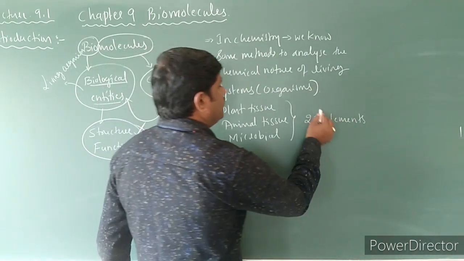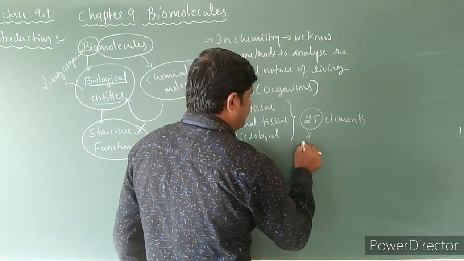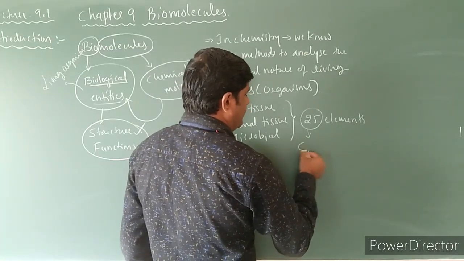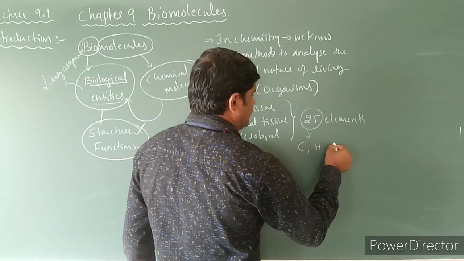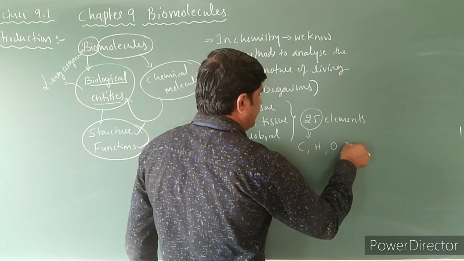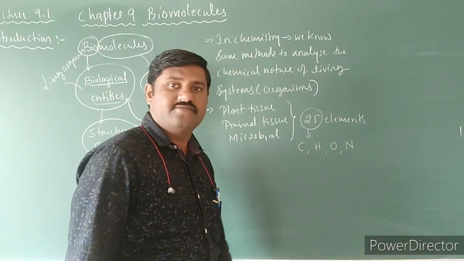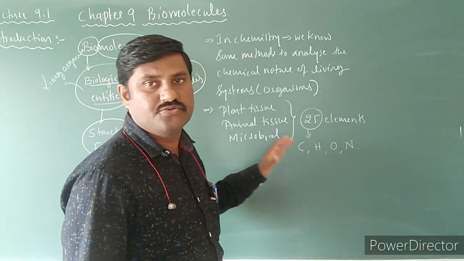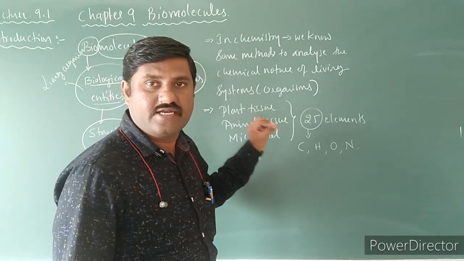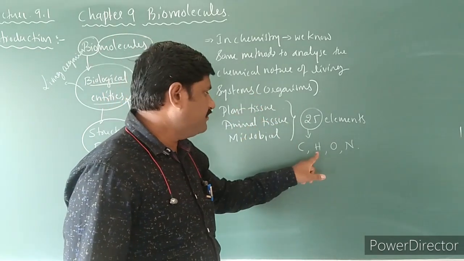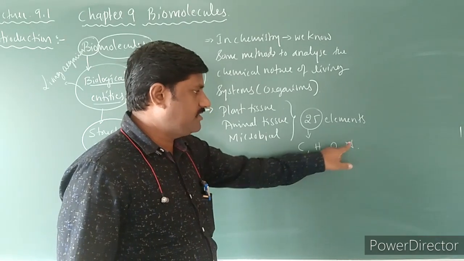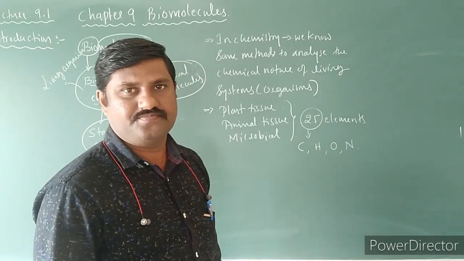Among these 25 common elements, see here, carbon is there, hydrogen is there, oxygen is there, nitrogen is there. Most of the part of the body of these organisms, the chemical contents of the tissues, is made up of carbon, hydrogen, oxygen as well as nitrogen.